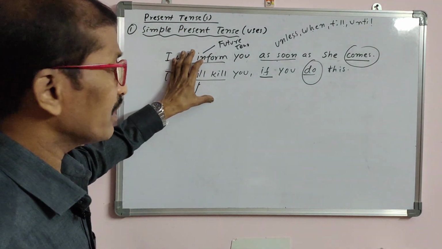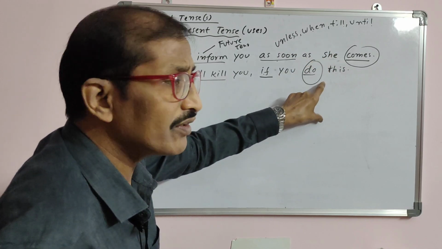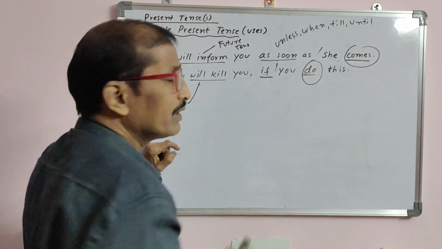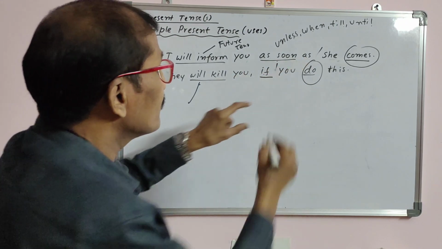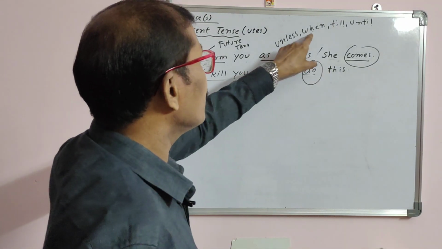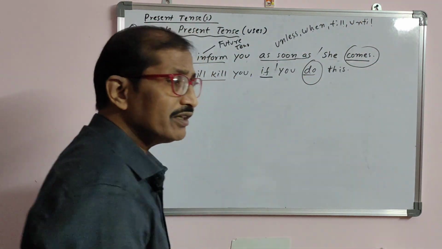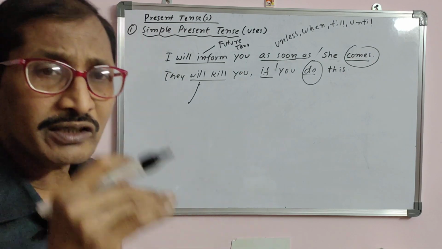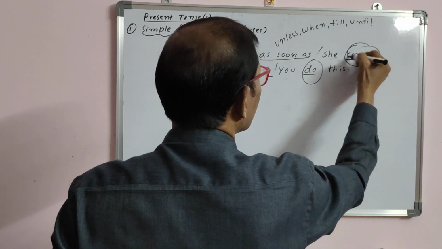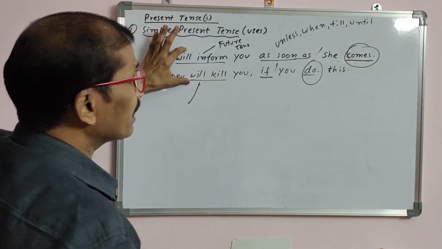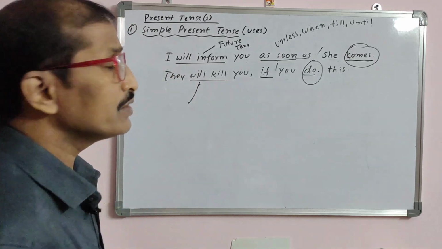Here two parts are there: this is the main clause, this is the subordinate clause. This clause is a conditional or time clause, and in it we have to use simple present tense. The main clause must be future tense.